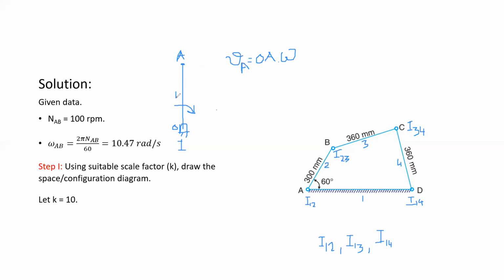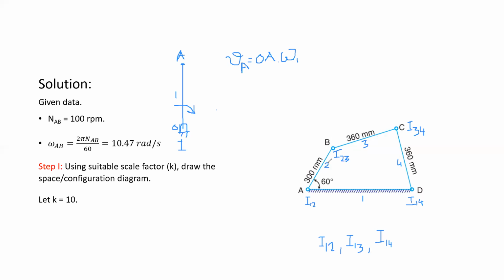Suppose point A is on link 1. So I have to consider omega 1. For example, here, if point B is there, which link is point B on? Is it on link 2 or on link 3? See, link 2 is here, link 3 is here.